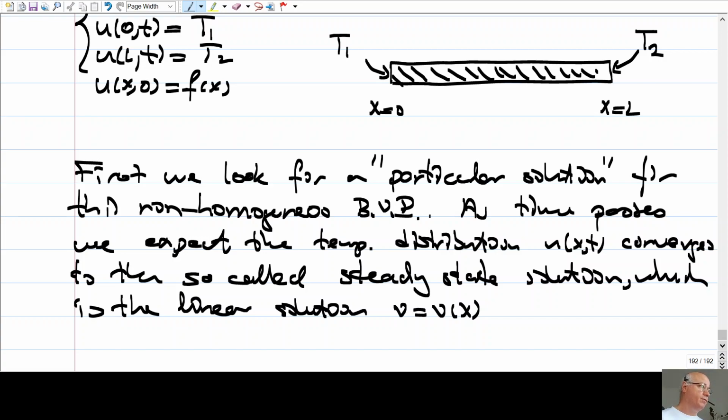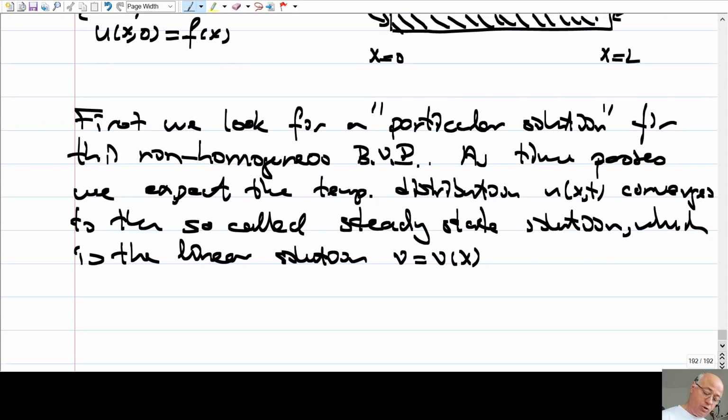Time is irrelevant. So let's say 1 year later, it reaches a certain temperature distribution, and after that, it won't change unless the conditions change, of course.